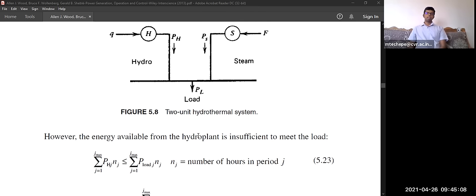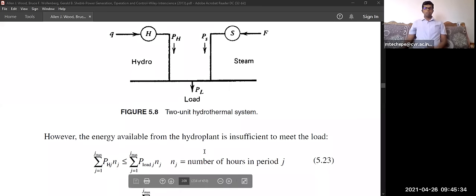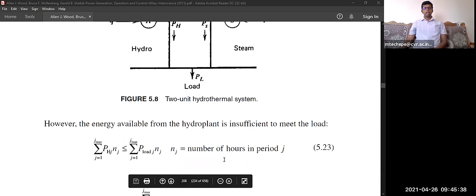Once the water is opened from the hydro power plant, it has to be utilized both for power generation and for agriculture purposes.